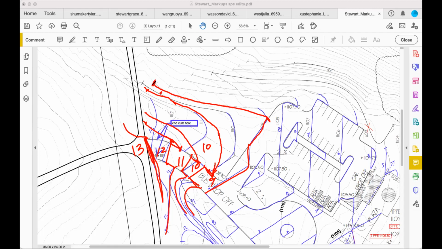So then, again, this is a little too flat. Take it back. So the 10 still needs a little bit of work.